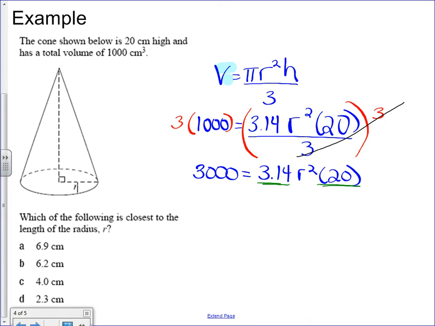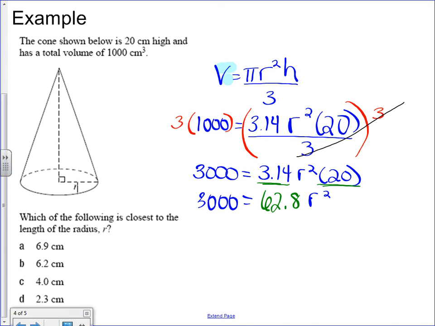So what do I get? 62.8. That's it? 62.8 r squared, and I still have 3,000 here. Are we okay with this? Anyone have any questions?